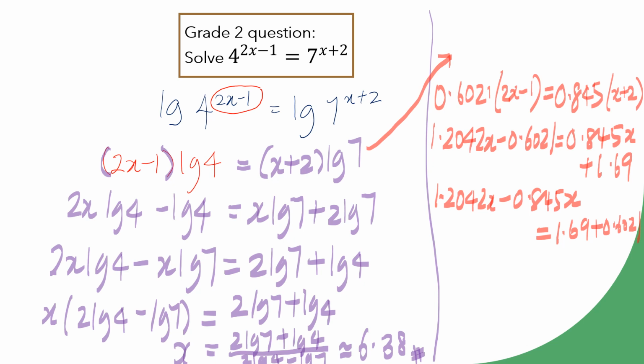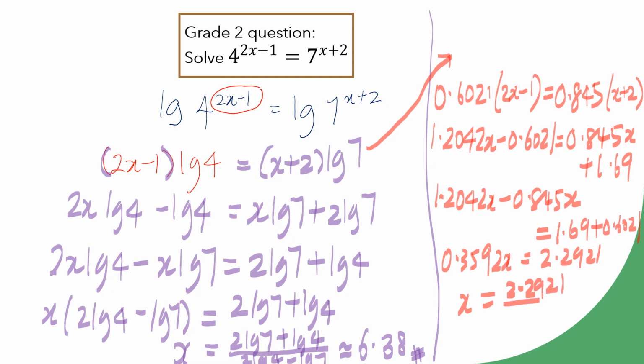So 1.2042 minus 0.845 will give you 0.3592x. And 1.69 plus 0.6021 gives you 2.2921.